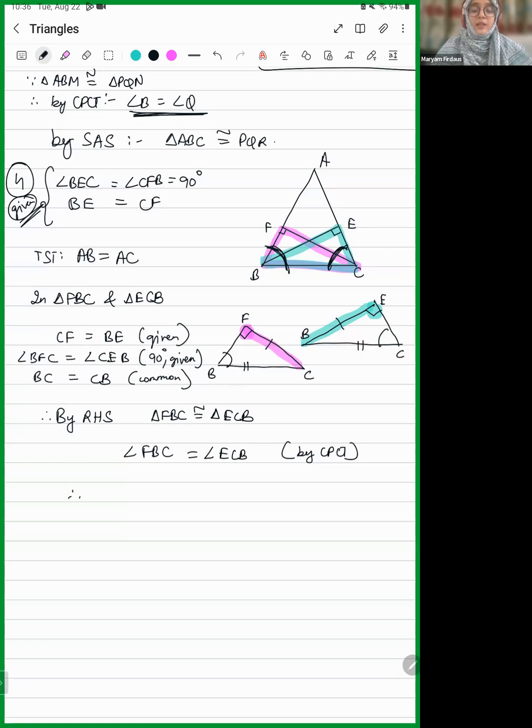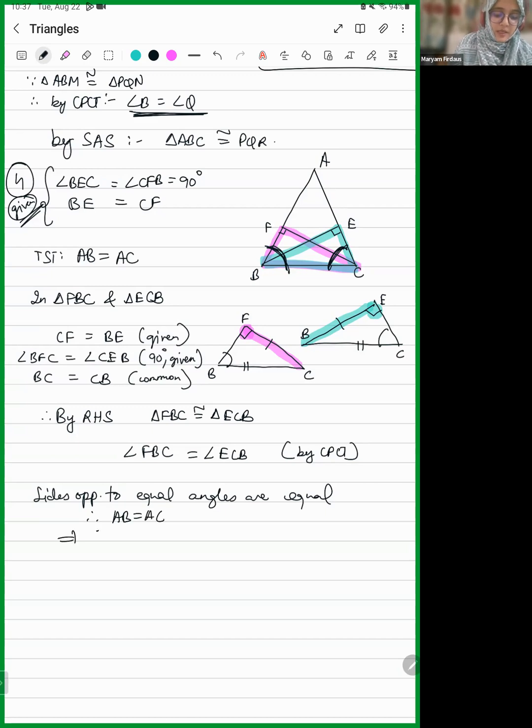Sides opposite to equal angles are equal. Therefore, AB equals AC. That implies triangle ABC is isosceles.